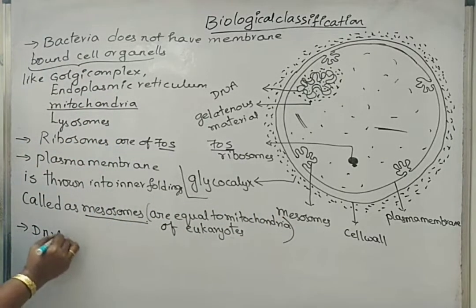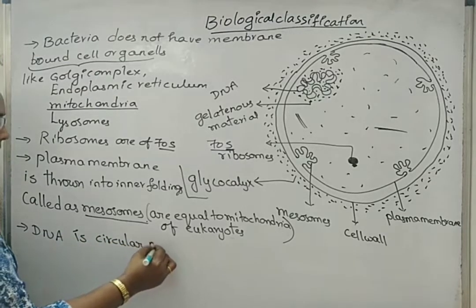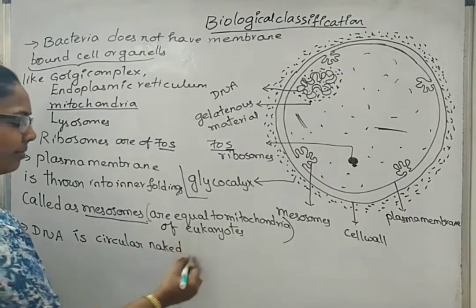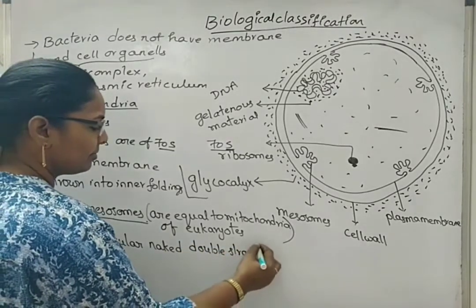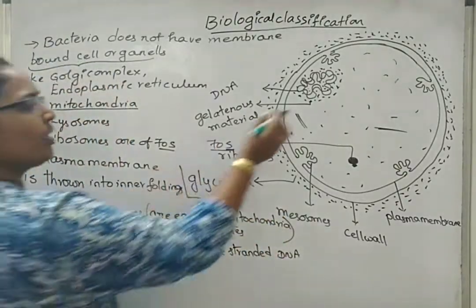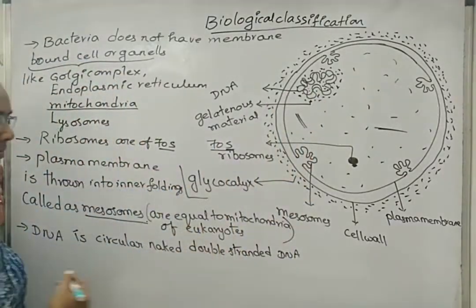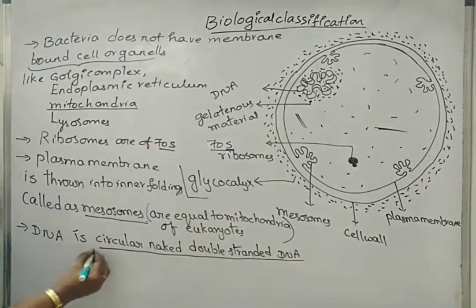Coming to DNA. DNA is circular, naked, double-stranded DNA. So we have written two strands.